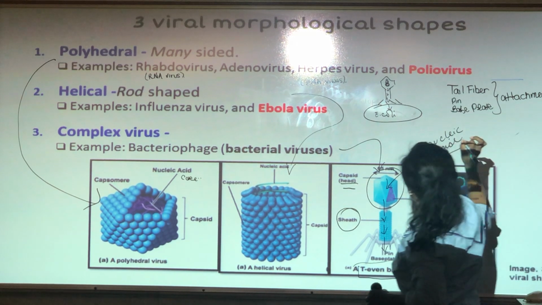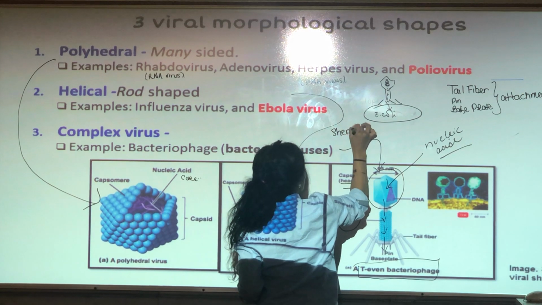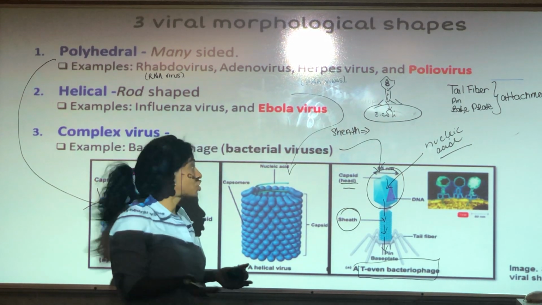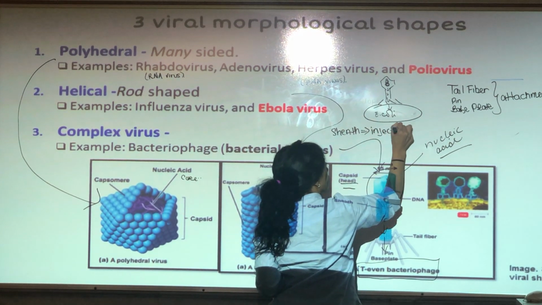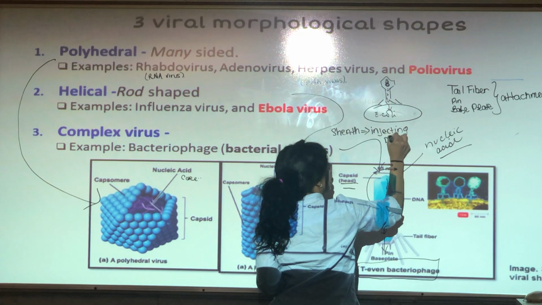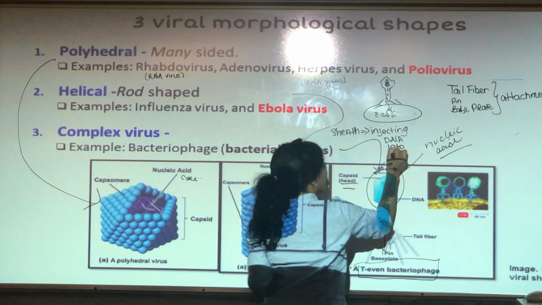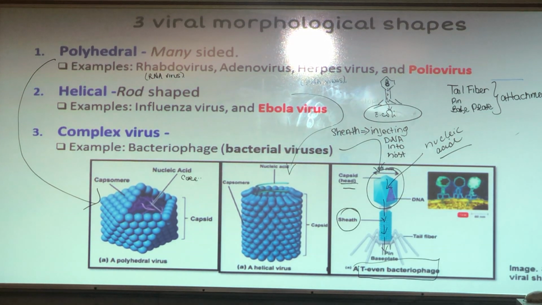All right? So I told you guys before what the sheath is for. What is the sheath for? So the sheath is for injecting the DNA into the host. Okay, so this is the mechanism that the even phages will use.